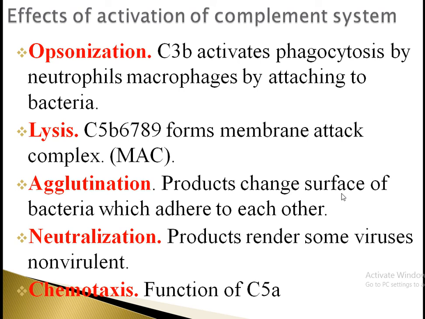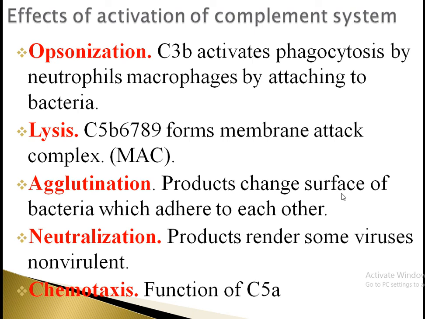At this stage, I must tell you what opsonization is and how lysis takes place. Opsonization: C3b activates phagocytosis by neutrophils and macrophages by attaching to the bacteria. C5b6789 forms the membrane attack complex.